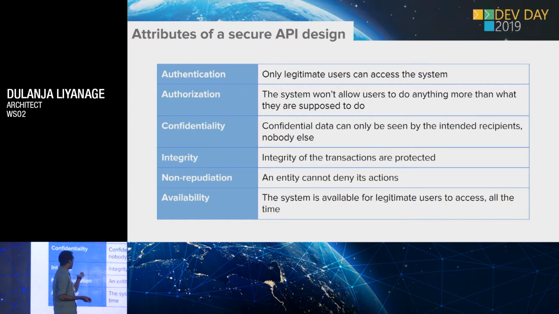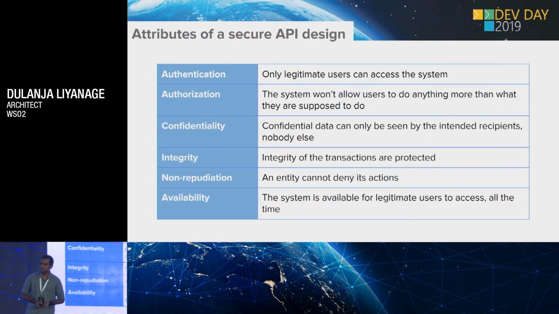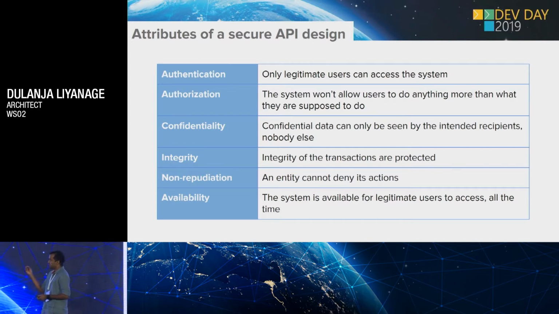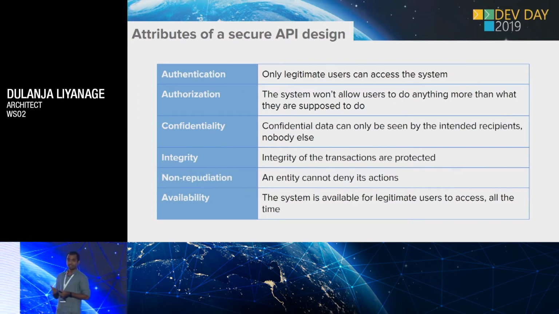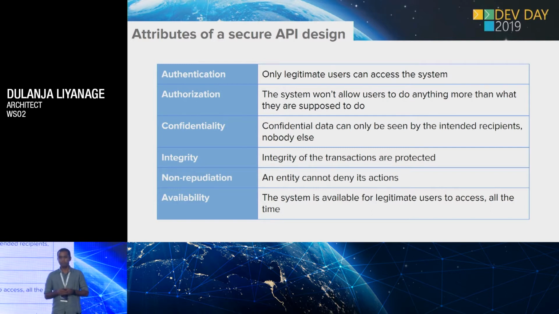During transmit, the most common is to use TLS, transport level security, if it is HTTP. At rest, you can use different encryption mechanisms to protect that. For integrity also, TLS supports that, and also signatures. We'll get into that a little later when we talk about JSON web tokens.